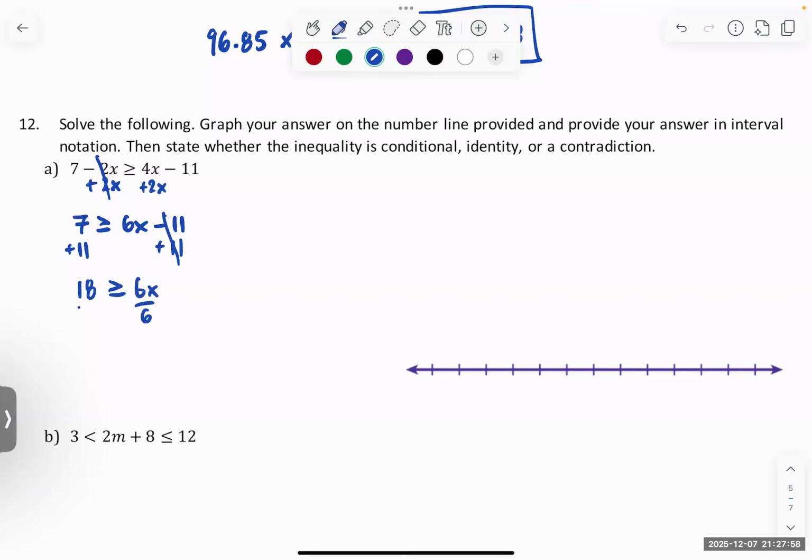Divide both sides by 6. I have 3 is greater than or equal to x, which in interval notation is saying that 3 is the biggest that x could be. So x is everything between negative infinity all the way up to 3 bracket.